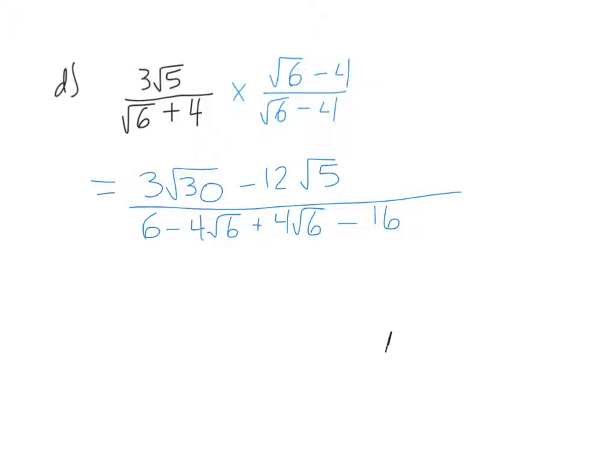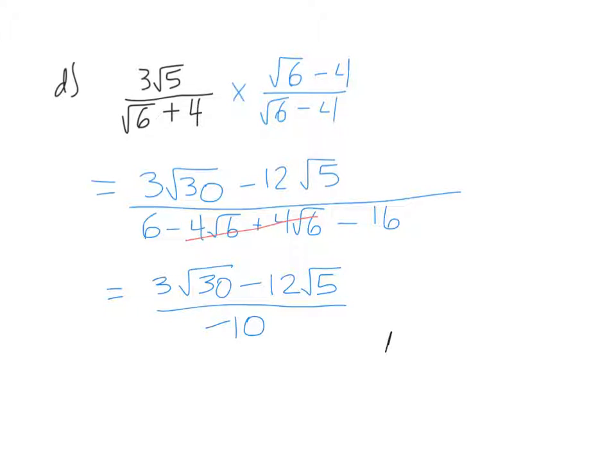That's 4 times negative 4. And again, this part cancels out. So we have 3 root 30 minus 12 root 5 over negative 10.